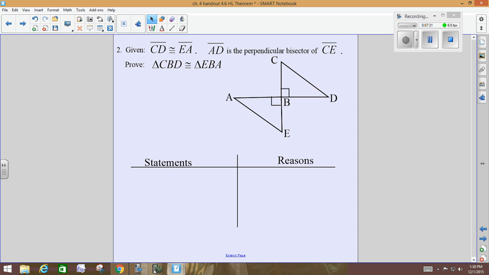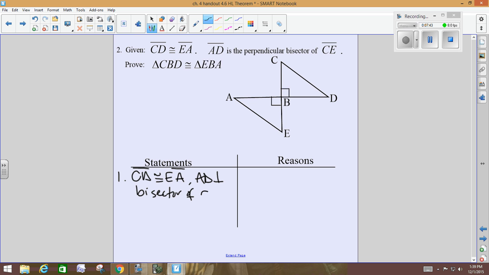All right. So given to us here, CD is congruent to EA. AD is the perpendicular bisector of CE. So after we write the given, then what do we have to do? Mark the picture. CD is congruent to EA.